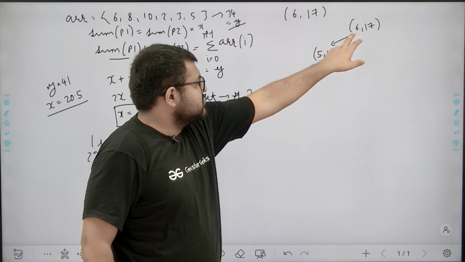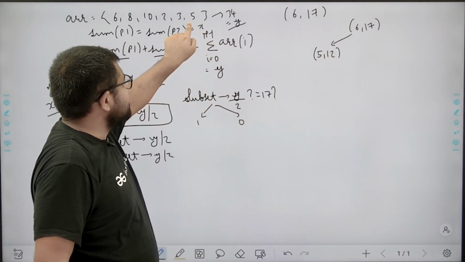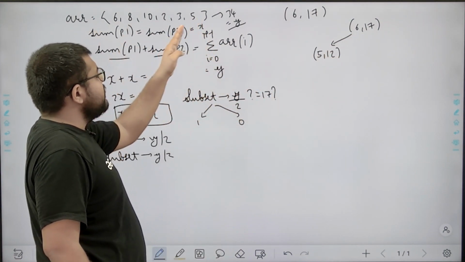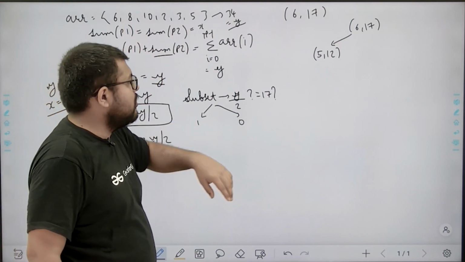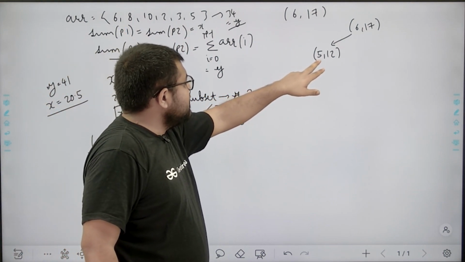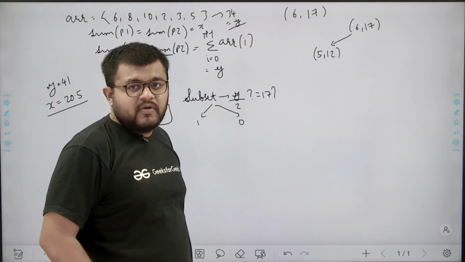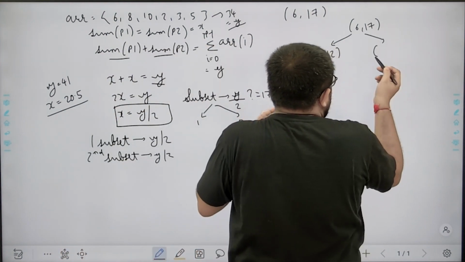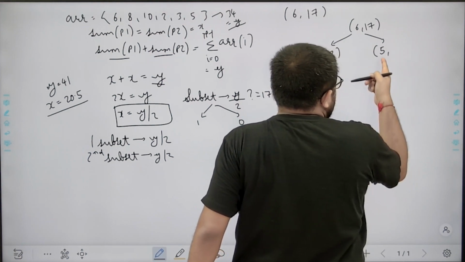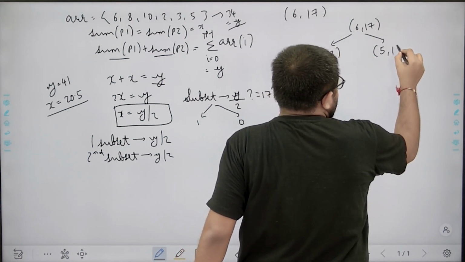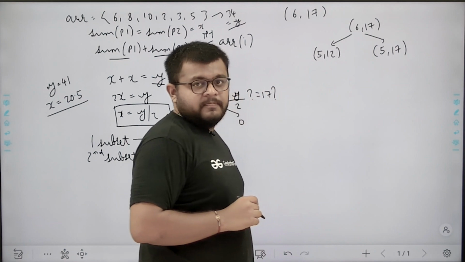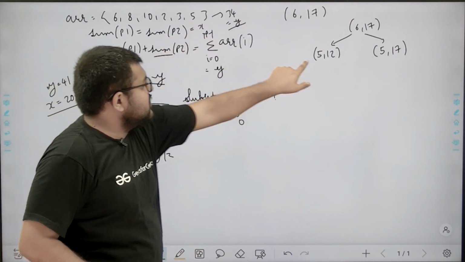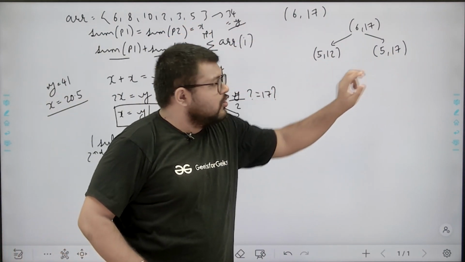Because first I was considering all 6 elements, now I decided to take this one. From the end I move and decide whether I want to take it or not. So for 5 I decided to take it, so the remaining sum would be 12. And what can be the other case? The other case would be I decide not to take it. So my question would be, from the first 5 elements, can I form a subset whose sum is 17? In one case I decided to take it, in the other case I decided not to take it.